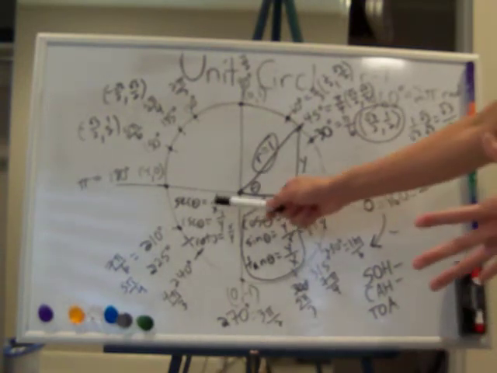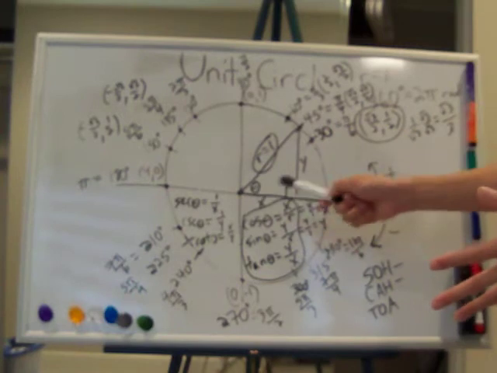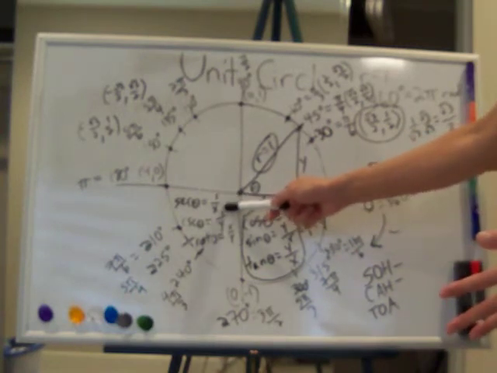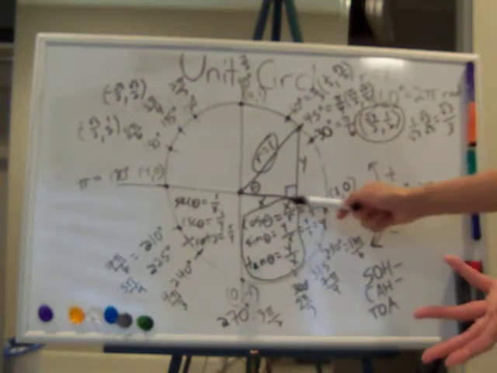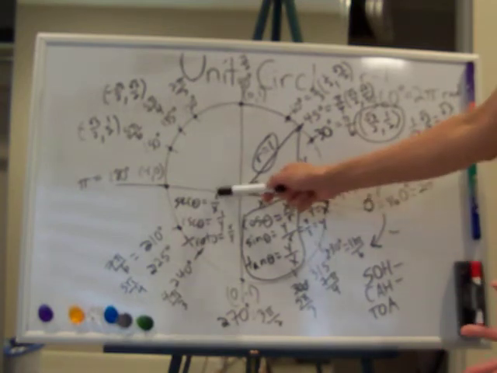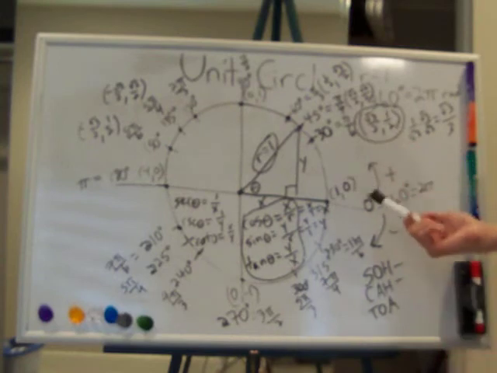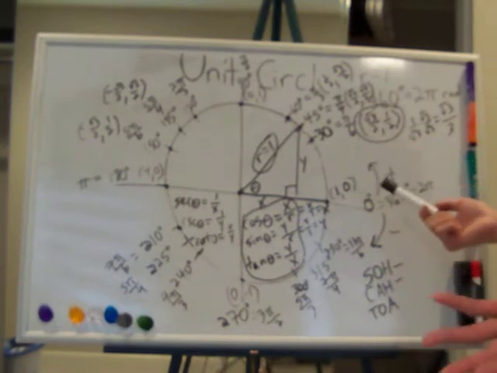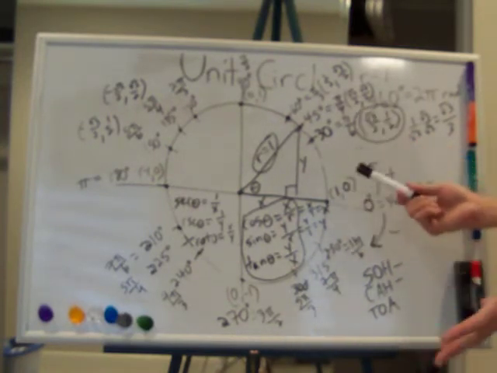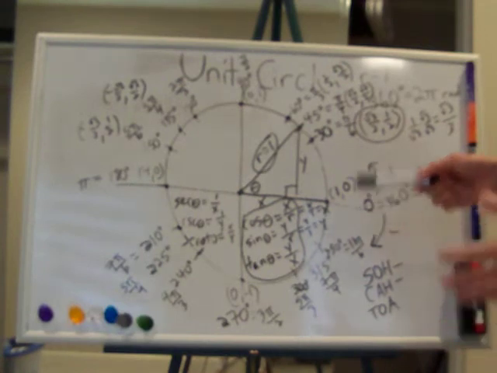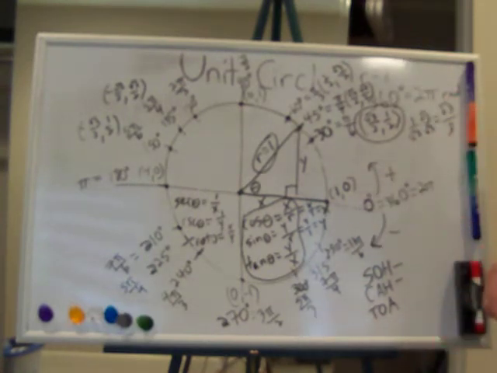Or you could say, well, secant of 0 is going to be 1 over the x value, so 1 over 1 is 1. So secant of 0 is equal to 1. Either way, you get the same answer, and you're basically doing the same thing. But whatever's easier for you to remember, just do it that way, right?